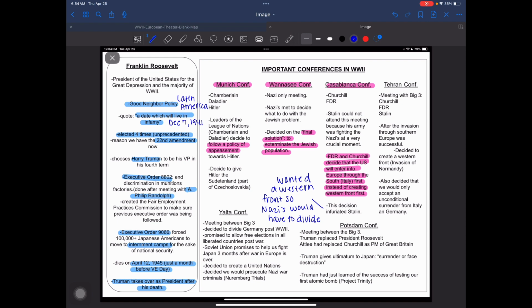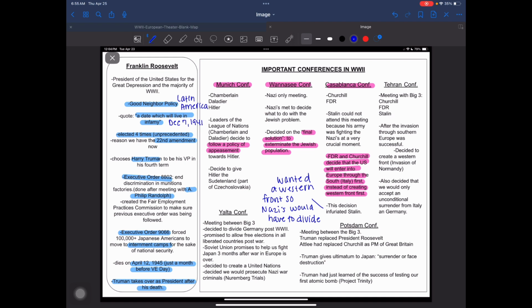So, since there's so much fighting on the Eastern Front, if we would have created that Western Front, Hitler would have had to remove some of his forces from the Soviet Union to go fight on that Western Front. You know, you've got the old saying, divide and conquer. You divide up your enemy, and they're going to be weaker, and you're going to be able to conquer them. And that's what Stalin wanted, but that's not what we did first.